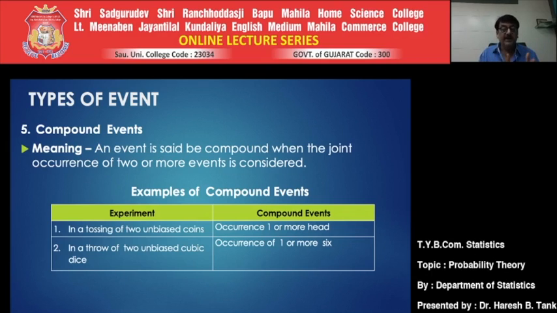Occurrence of one or two 6s. 6 is a number which is on the surface. So naturally here you are combining, you are compounding two events. That is why it is called compound event.